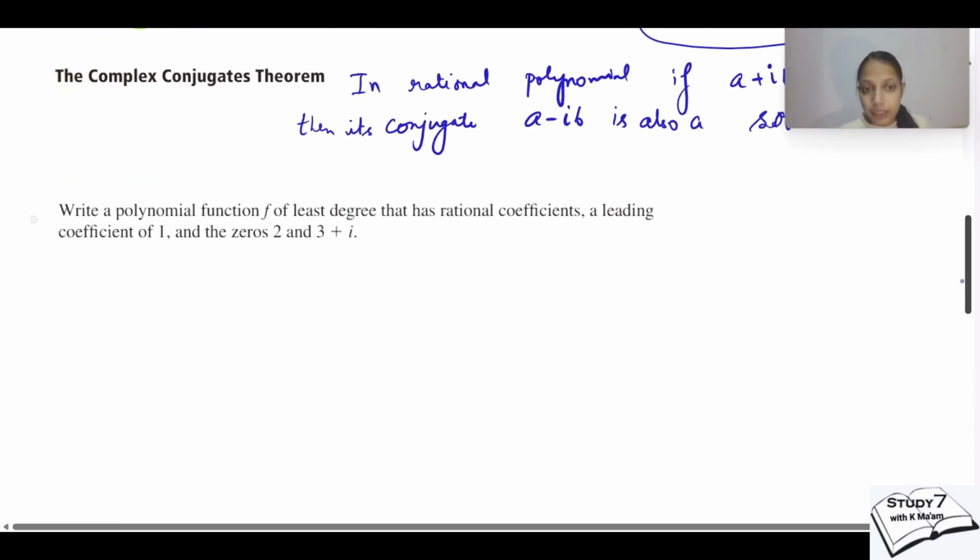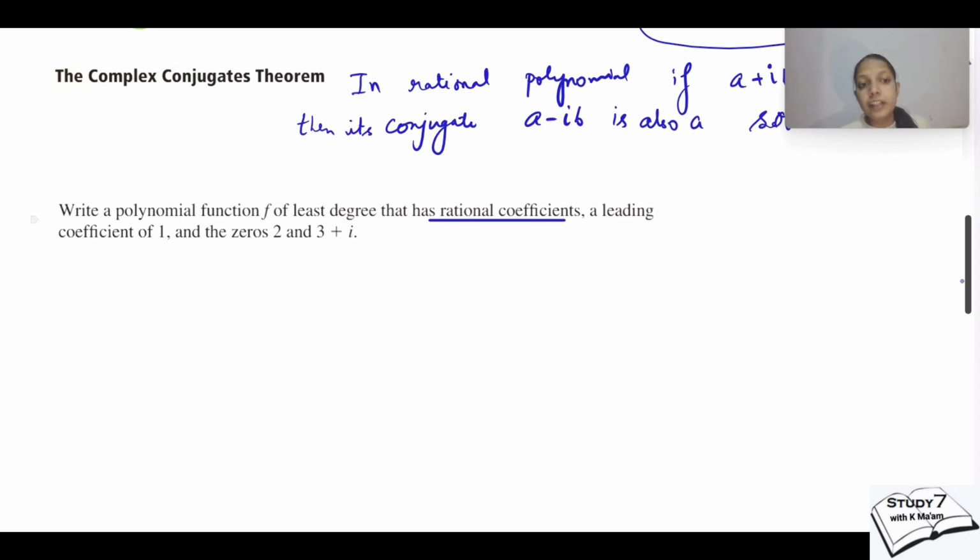Okay, let's try this. Write a polynomial function f of least degree that has rational coefficients, a leading coefficient of 1, and the zeros are 2 and 3 plus i. 2 is as it is a 0. 3 plus i is one of the zeros. If a plus ib is a root, then a minus ib is also a root, and vice versa.